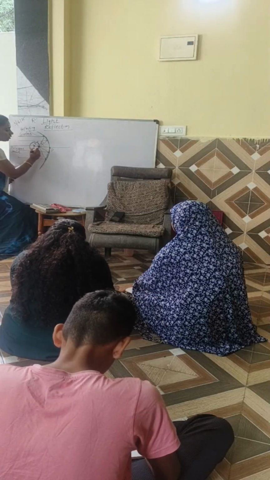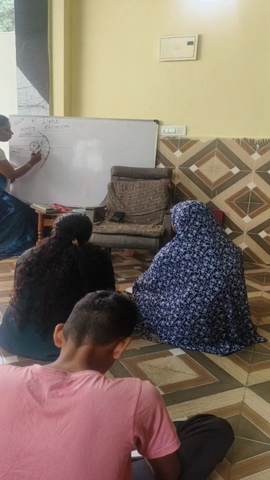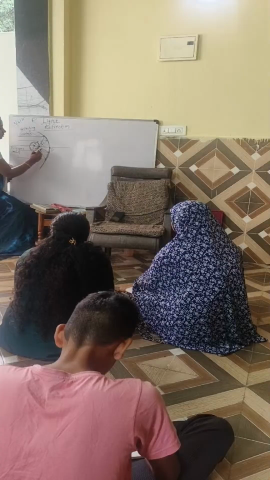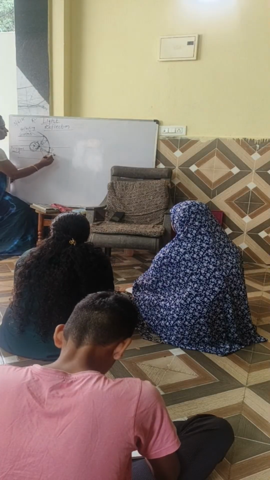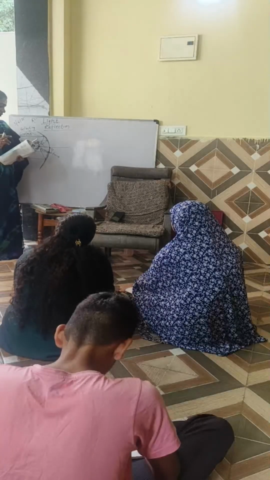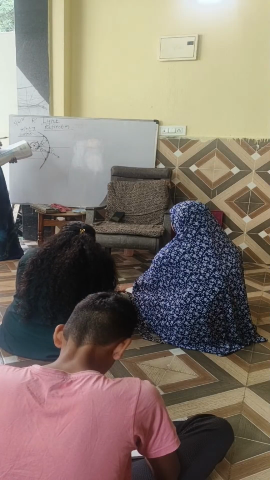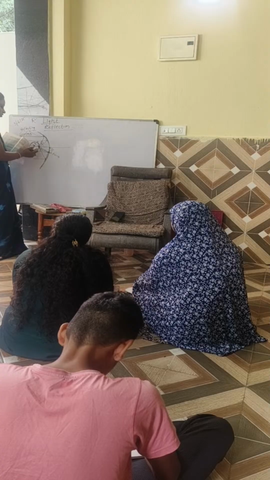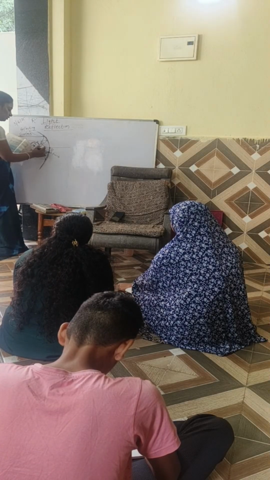That point is called principal focus. The distance between pole and the principal focus is called the focal length.